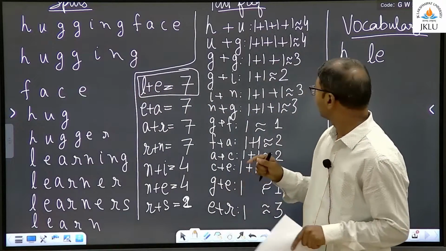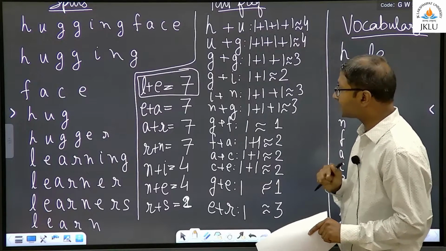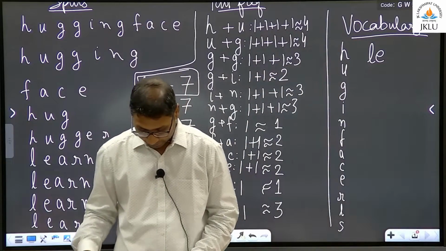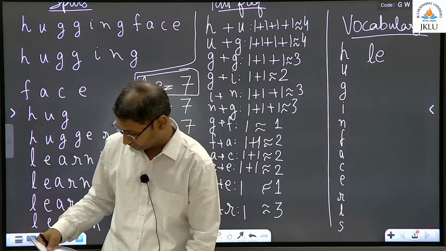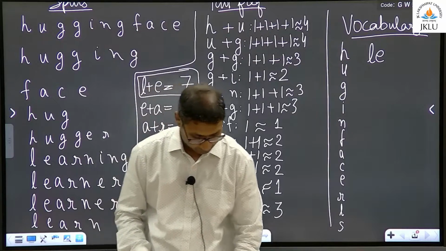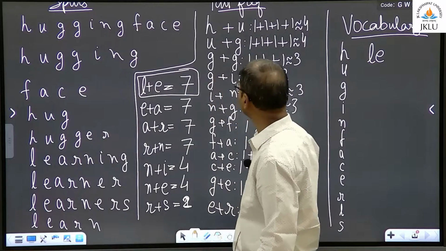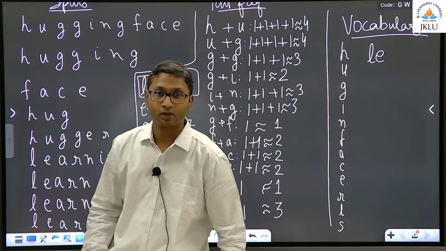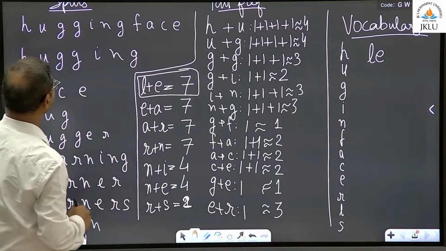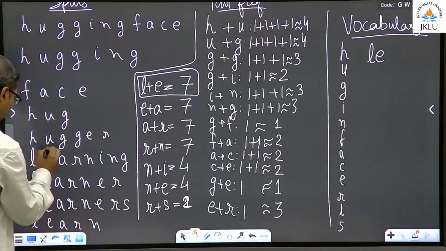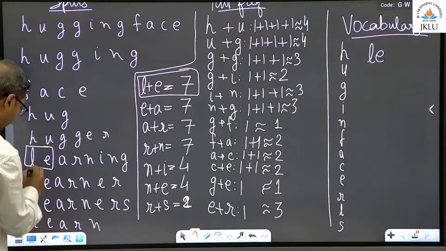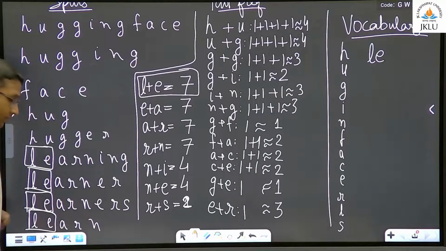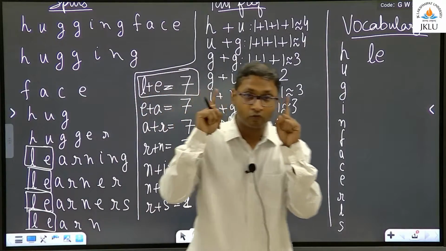Once you have made LE a token, what else am I supposed to do? Wherever you see LE, where do I see LE? Once, twice, actually 6 times, and then this 7th time. They all become one thing now.